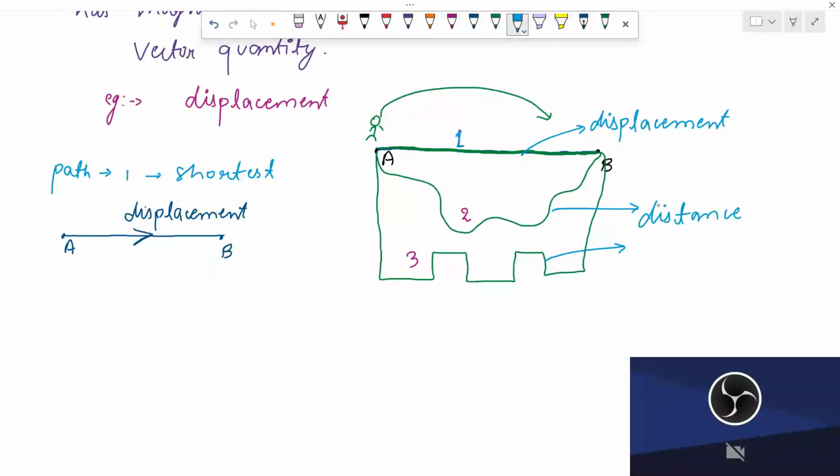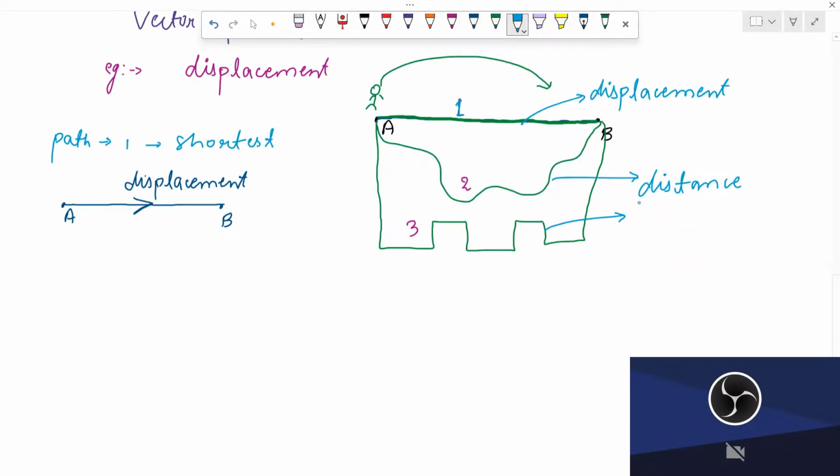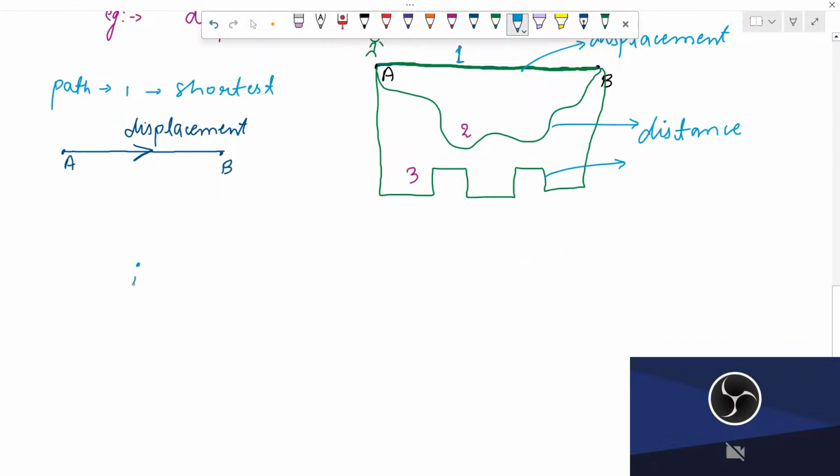Distance is the actual path which you are following, and the length of that path. That actual path length will be known as distance. So if we have a point A and a point B, we can have multiple distance values, but the displacement will be fixed.